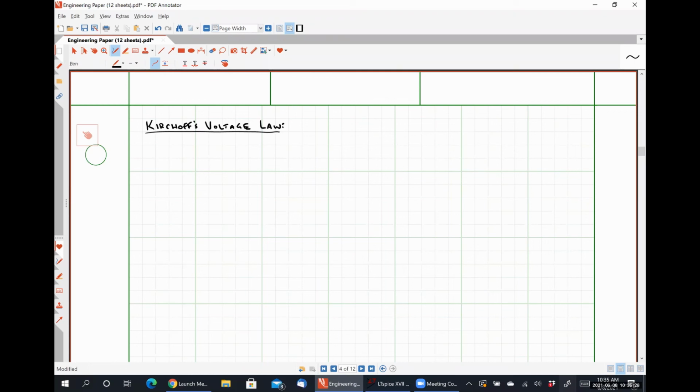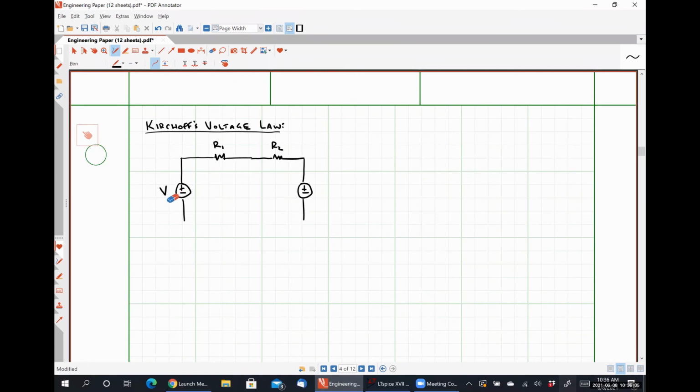So let's say that I have a simple circuit containing only voltage sources and resistors. I'm going to call this guy VS. Let's call this guy R1, R2, and I'm going to change this from VS to VX.